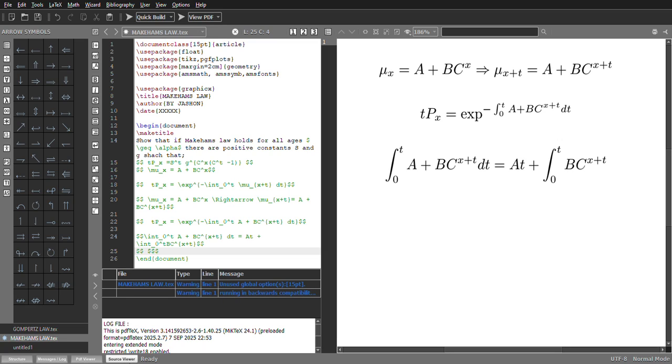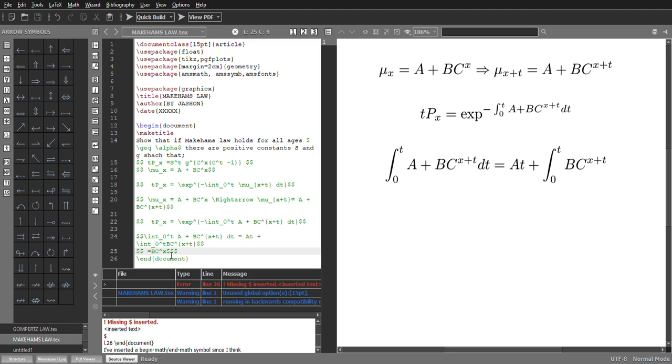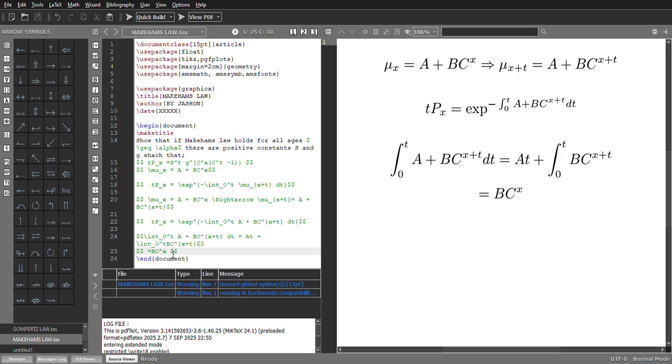Okay, so we'll have b first, then c raised to x, then this will be multiplying c raised to t, actually it's a fraction.